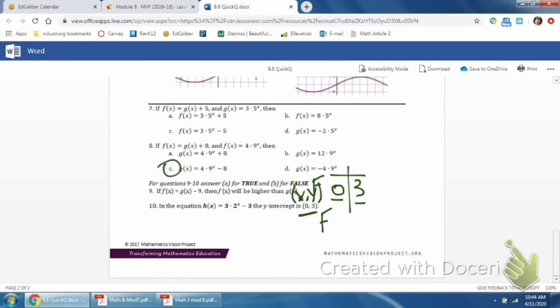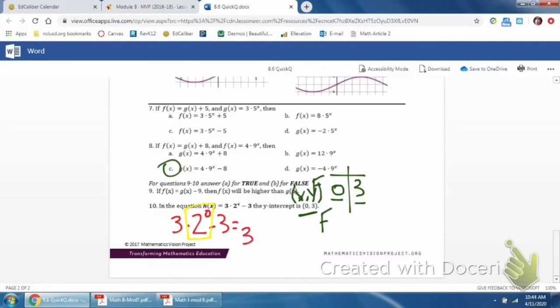If not, it's false. So if we try that, we have 3 times 2 to the 0 power minus 3. Okay, so now we have to think about order of operations. Parentheses, none of those. Exponents. So we got to do the exponent first. So right now what we're trying to kind of isolate is the 2 to the 0 power. Everything else we need to copy and paste.